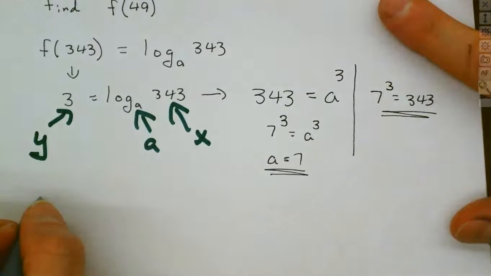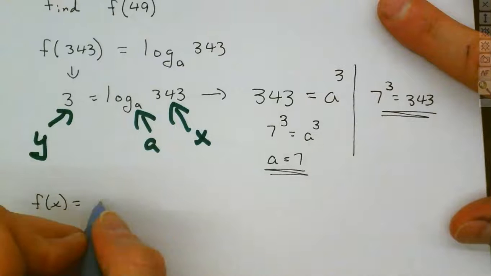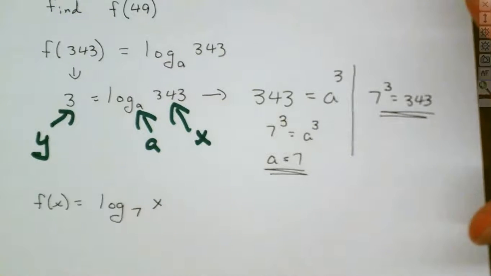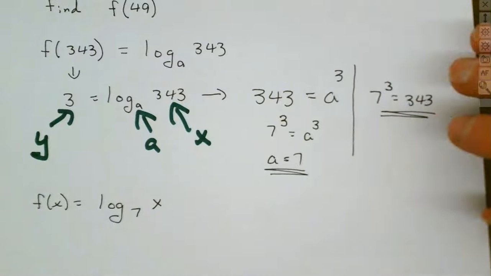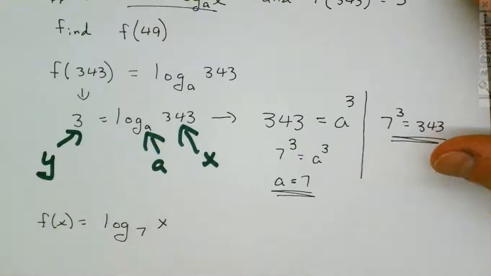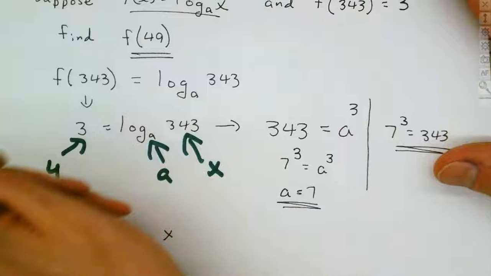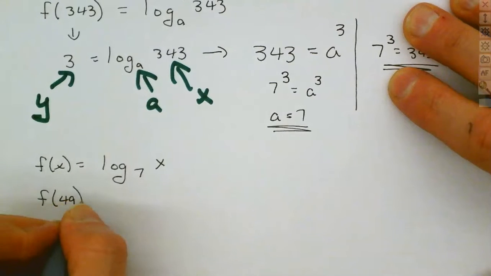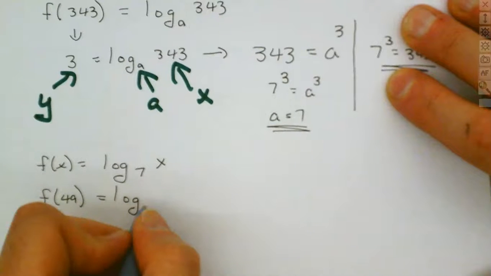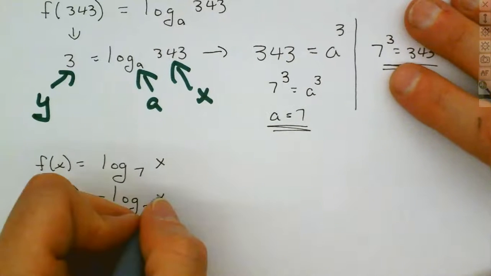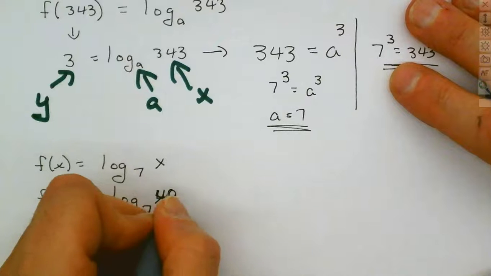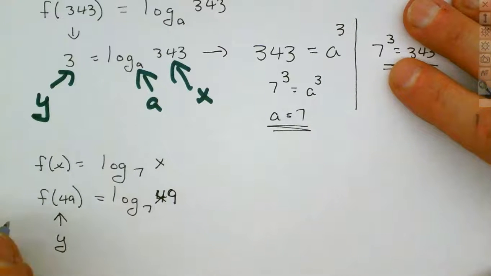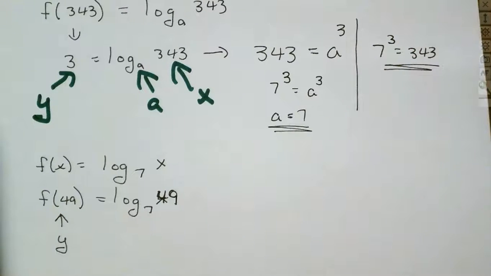Now when we rewrite, we've got f of x equals log base 7 of x. Now I want you to use that last part. So now I want you to find f of 49. So f of 49 would be log base 7 of 49. I'm going to call this y because that's what we're going to be finding. We've got a base of 7.